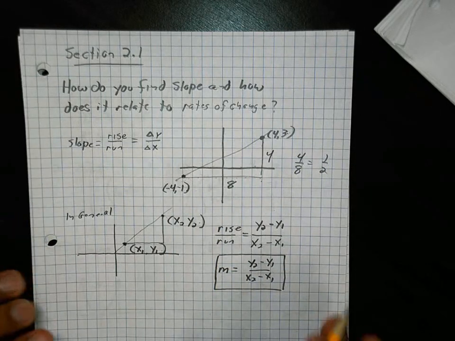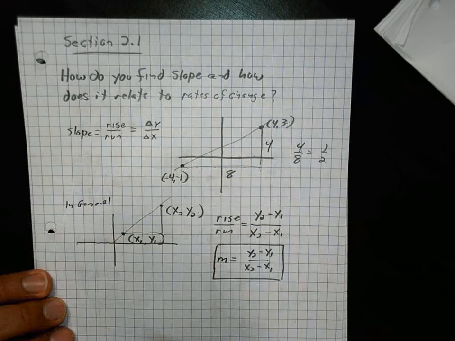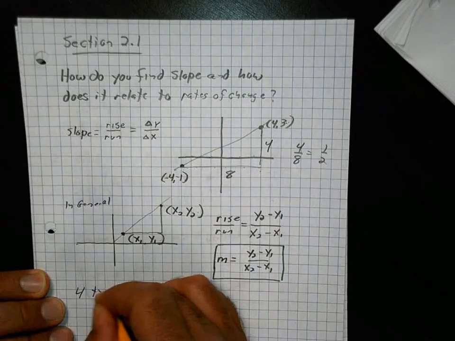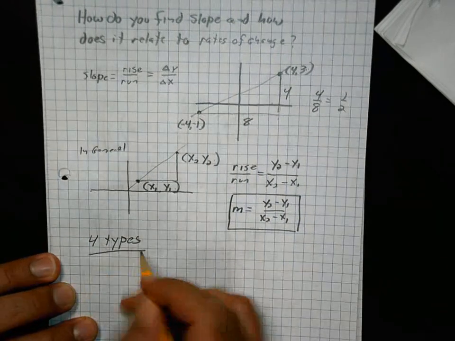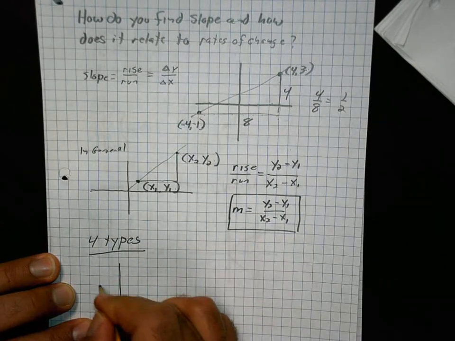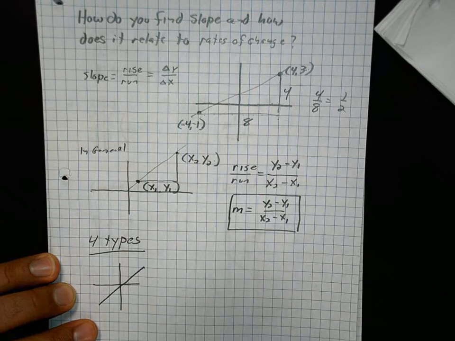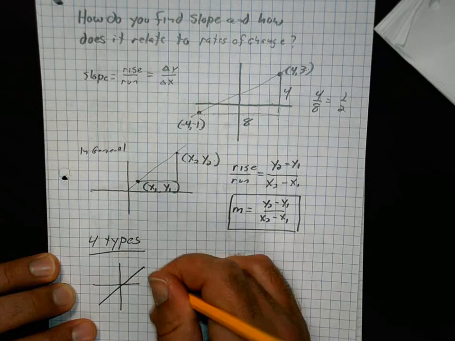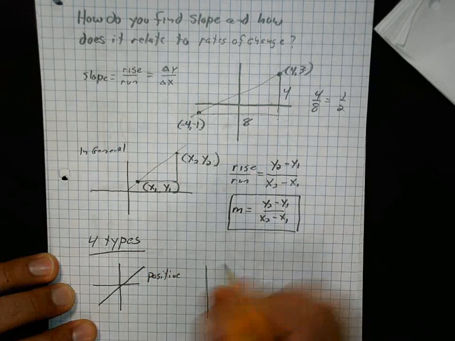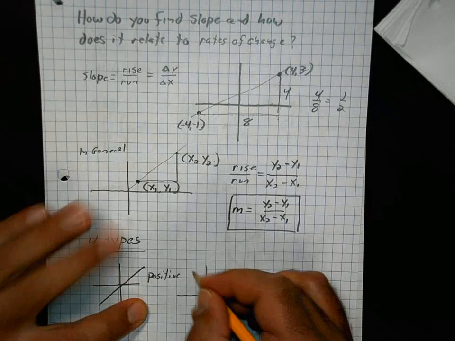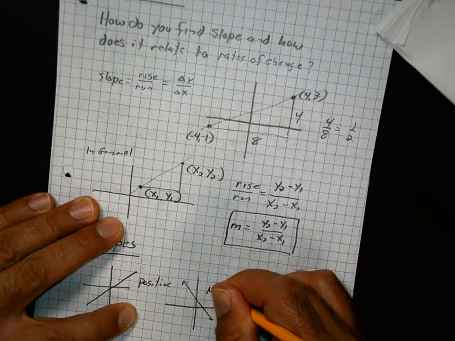So that would be my formula to find slope without having to go through all the hassle of graphing and creating our triangle. So we have 4 types of slopes. Let's say I have an xy axis, I could have a line that's increasing, that would be positive. We could have x and y axis with a line that's decreasing and that has a negative slope.